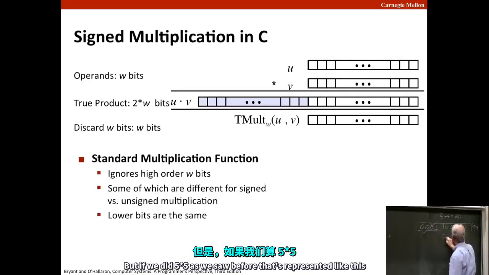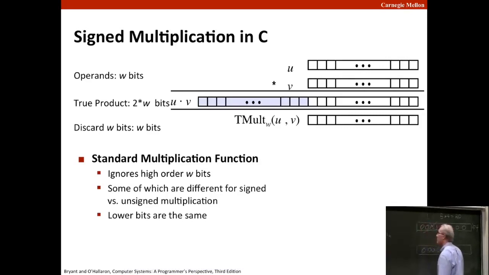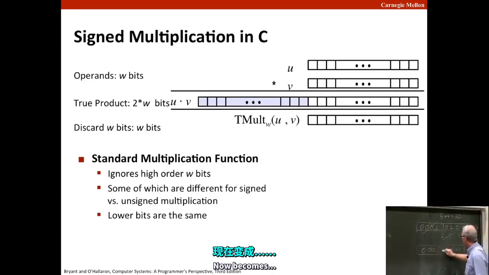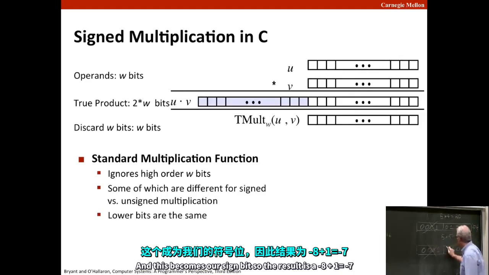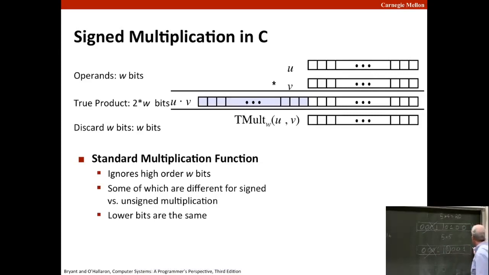But if we did 5 times 5, as we saw before, that's represented like this. And now we're throwing away this, and this becomes our sign bit. So the result is minus 8 plus 1, or minus 7.